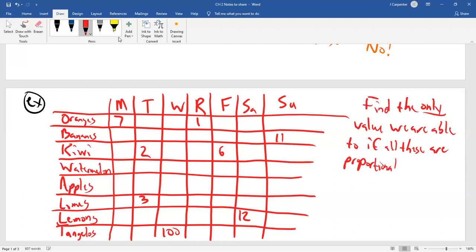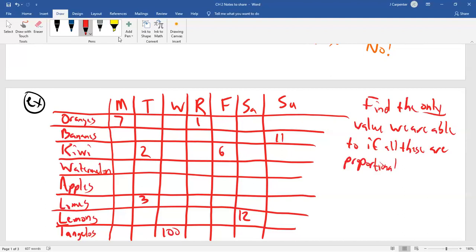So yes, the store sold some oranges on Tuesday, Wednesday, Friday, Saturday, Sunday, bananas on the days we're missing, whatever. Maybe 1 or 2 of these were 0, but I didn't want to fill out this table entirely because then lots of answers would be findable, excuse me. So we are going to find the only value that we're able to if all of these are proportional. So only one of these is findable, I believe.